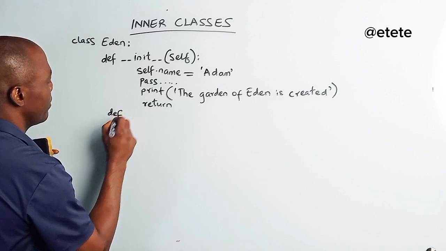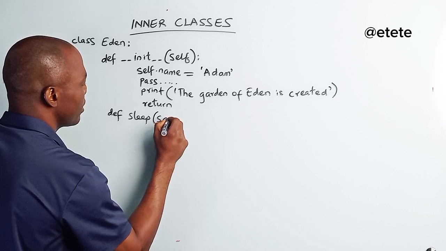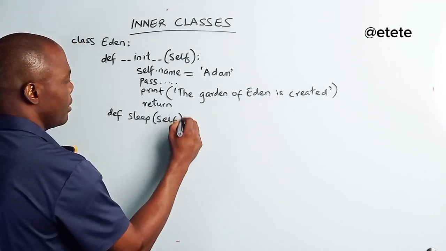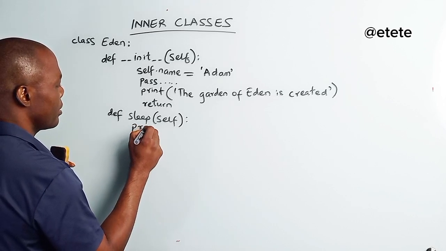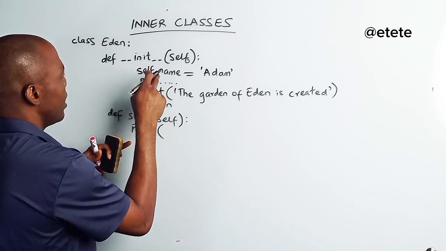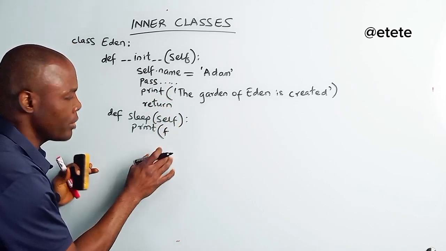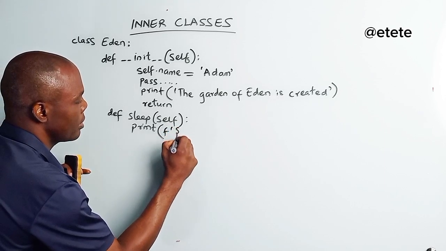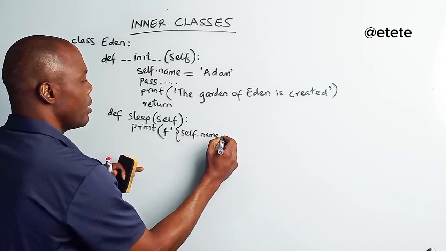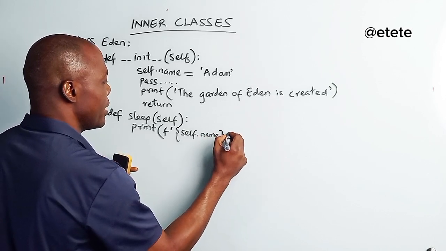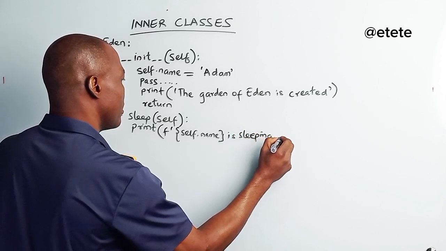Then inside this place, I'm also going to create another method, which is what? Def, and then I will say sleep. Now in this one, I'll supply self to it. Then I will close this. So in it, I will say print, I'll give a format string, self.name, is sleeping.